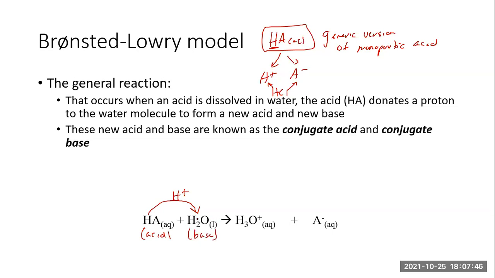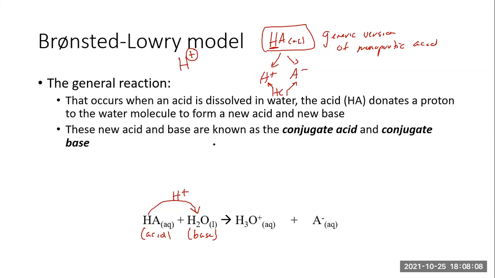It's really important that it is not just a hydrogen being transferred, but an H plus. The plus does affect the overall charge of things. When you gain a positive, you become one more positive. When you lose something that's positive, you become one more negative. And that's what we see over here.